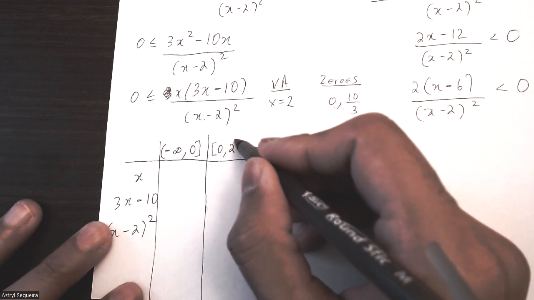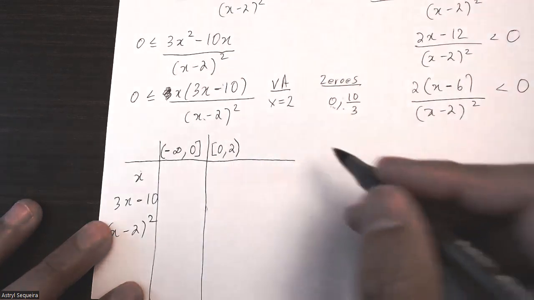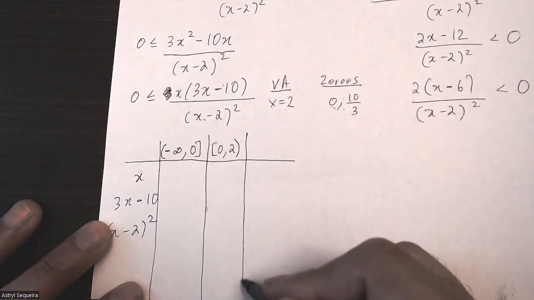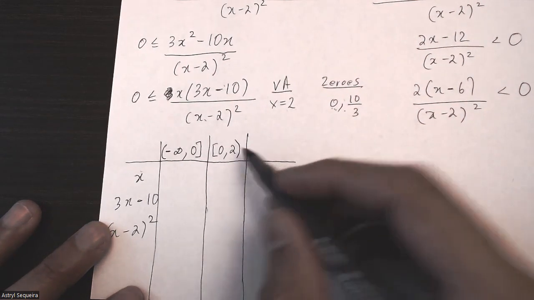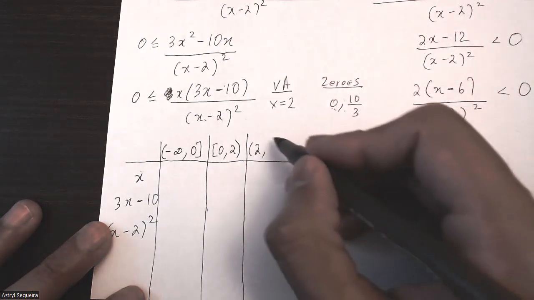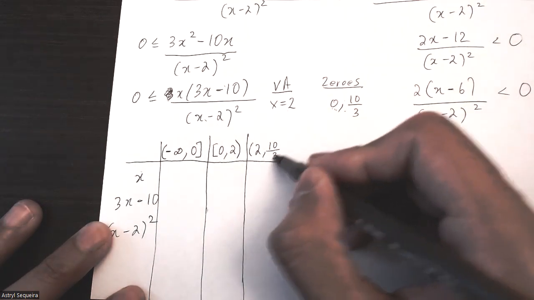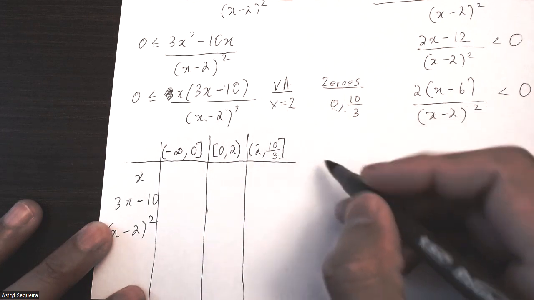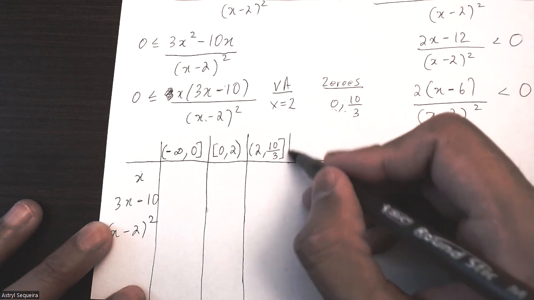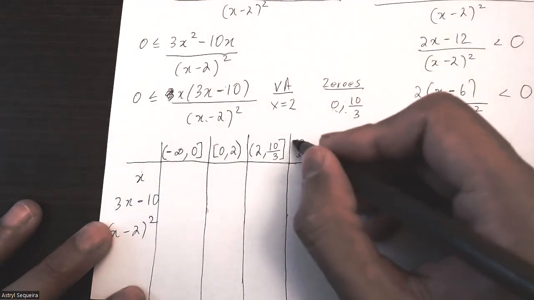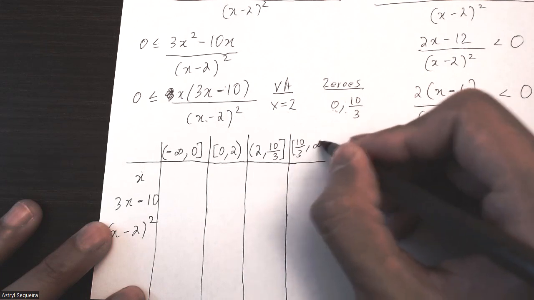Vertical asymptotes always have round brackets because they're non-inclusive. Next, I'm going to go from 2 till my next number, which is 10 over 3. 10 over 3 is a 0, and it's inclusive in this table. And the last range I'm going to have is from 10 over 3 to infinity.